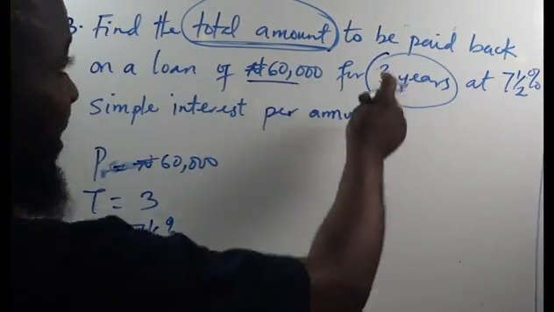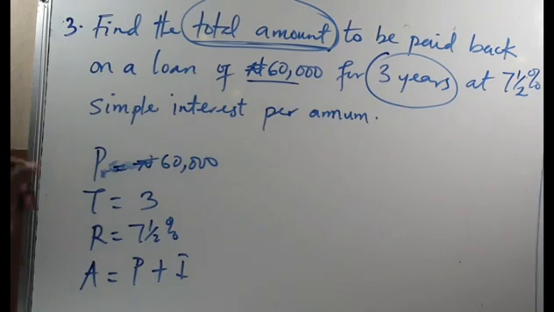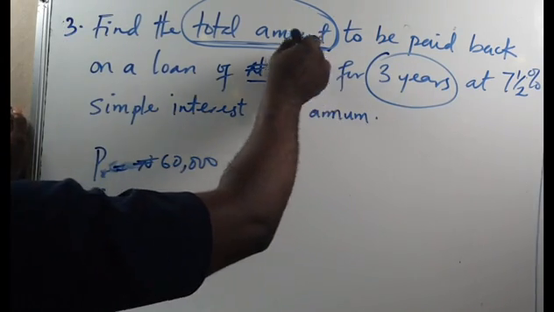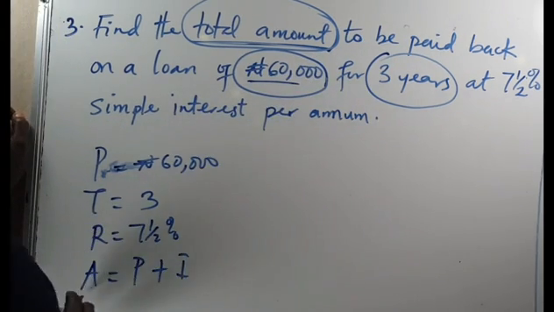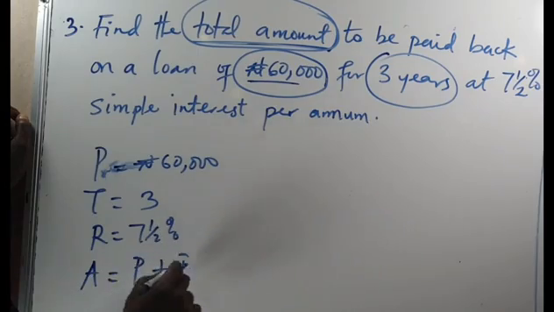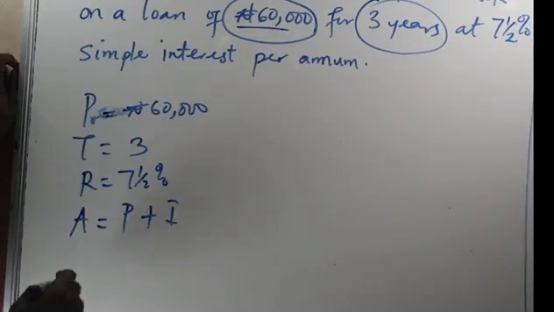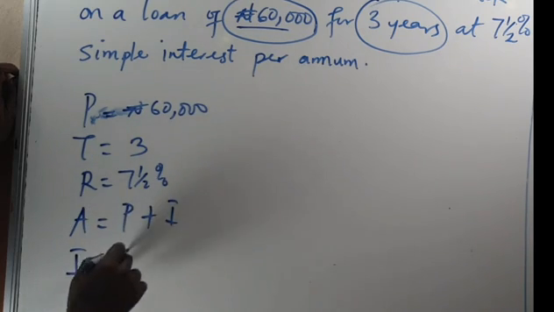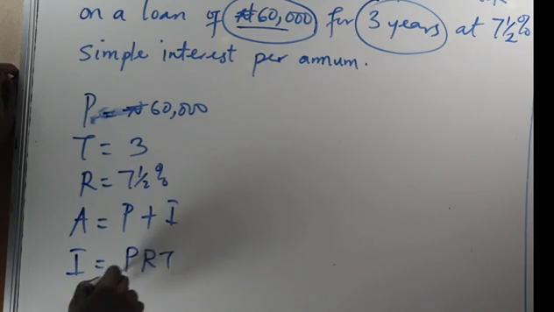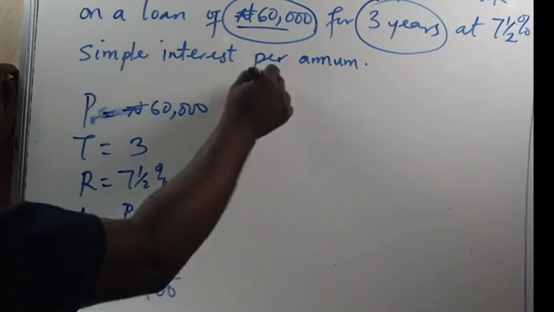So for 3 years, the next thing to do is for us to calculate the simple interest before we add the principal to it. So what is the simple interest? That is the formula PRT divided by 100.